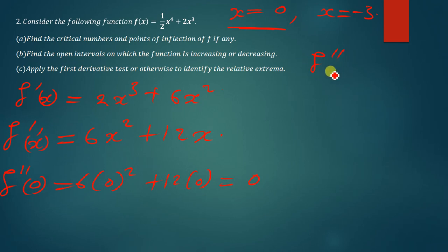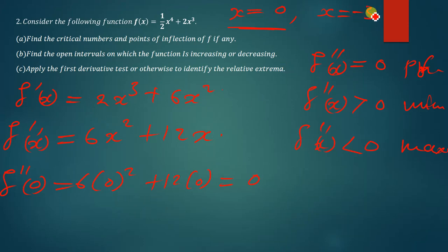When the second derivative is equal to 0, remember what I said? It is a point of inflection. When the second derivative is greater than 0, then it has a minimum. And when the second derivative is less than 0, then it has a maximum value.